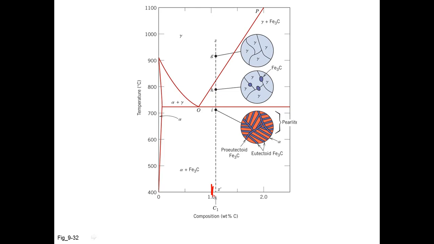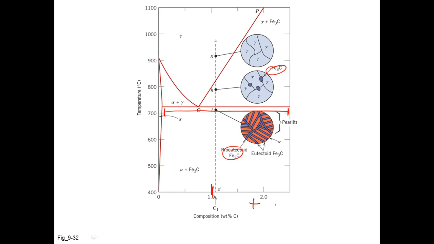And so we're going to first find the total cementite below the eutectoid temperature. And then we're going to have to subtract off the pro-eutectoid cementite that forms to give us then the eutectoid.